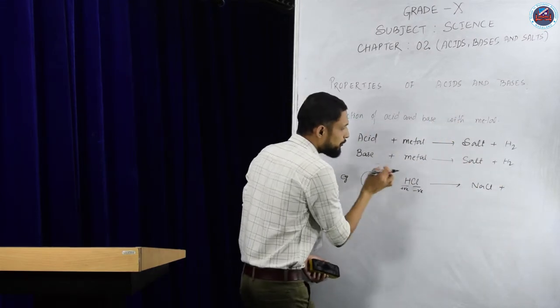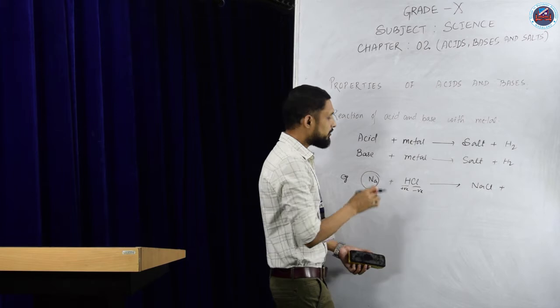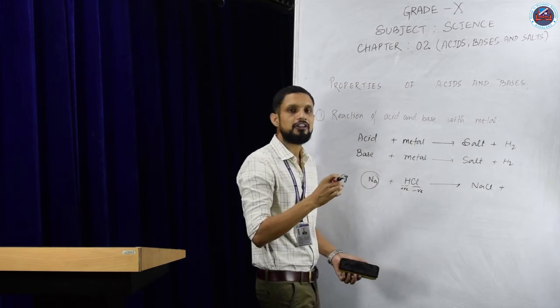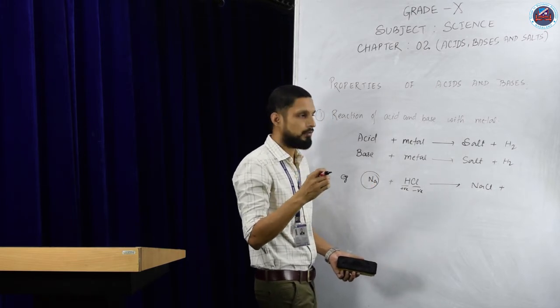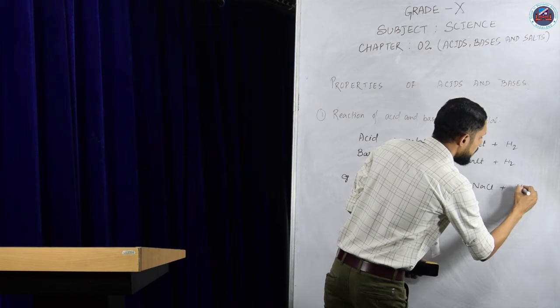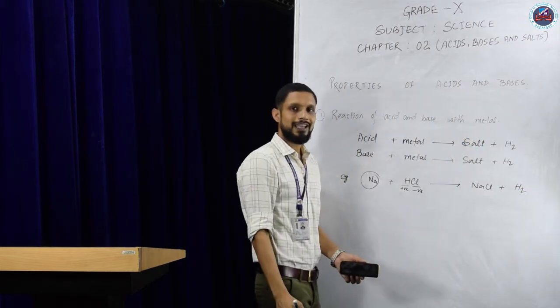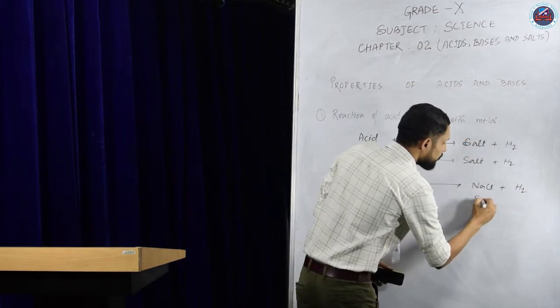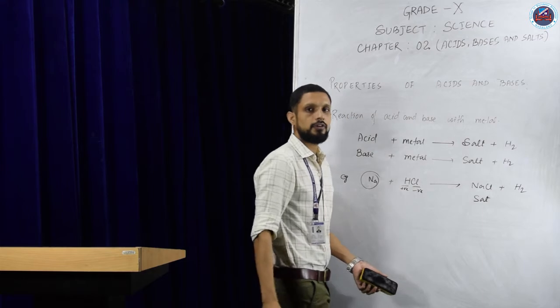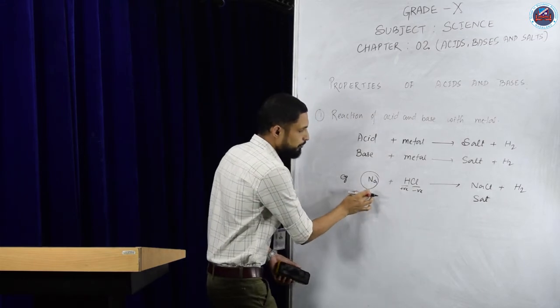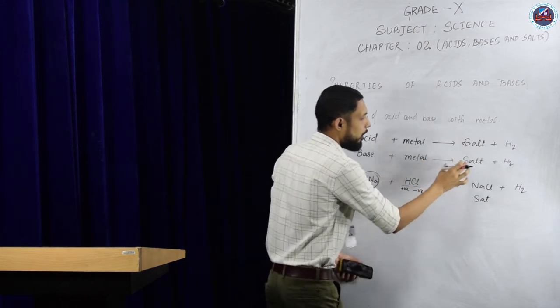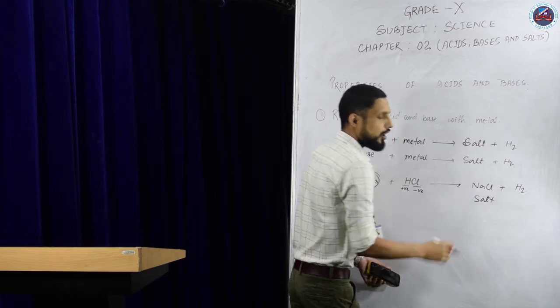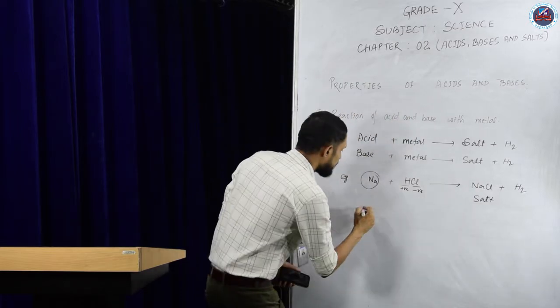Plus, the hydrogen which is left here is unstable because hydrogen atom or ion is highly unstable. So it will form H2, that is hydrogen gas. So NaCl is salt plus we get hydrogen gas. So a metal reacts with an acid, forms salt and hydrogen gas. You can take one more example.